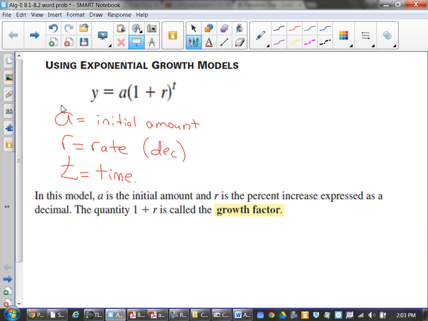The stuff that's in the parentheses, that 1 plus your rate, is called the growth factor. So if you start to look at that, that value in the parentheses becomes your B value of an exponential growth problem.